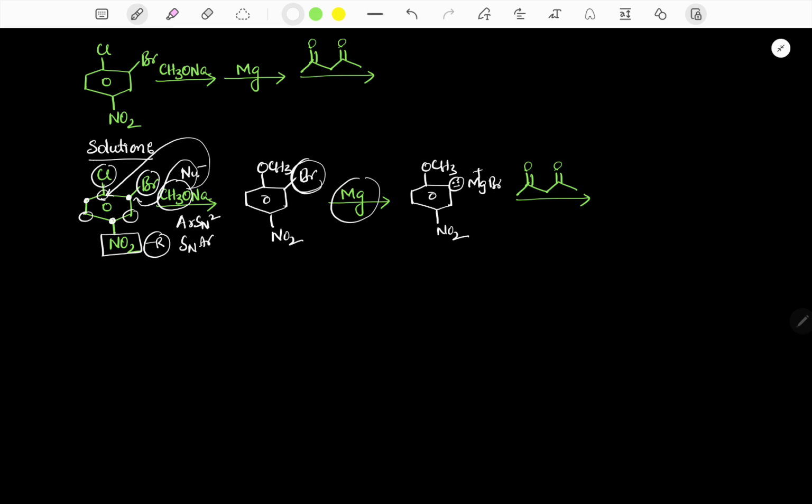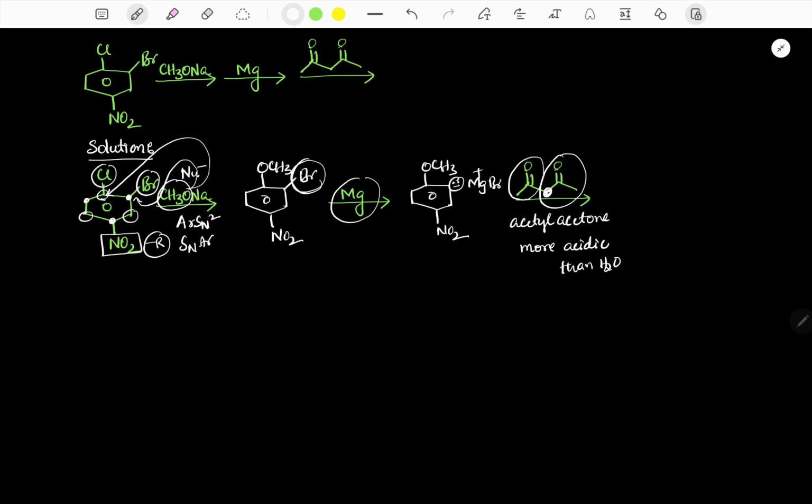Now this compound is treated with acetyl acetone. It has an acetyl group and an acetone group. Now it is an active methylene. Because of active methylene, it is more acidic than water, so it simply acts as acid. Whenever we are using Grignard reagent, first we should look for the acid base reaction.